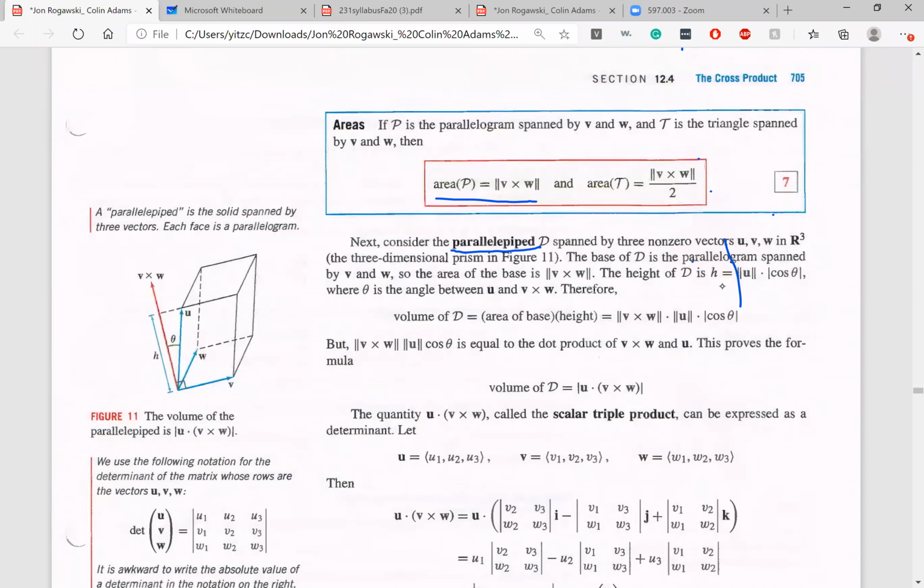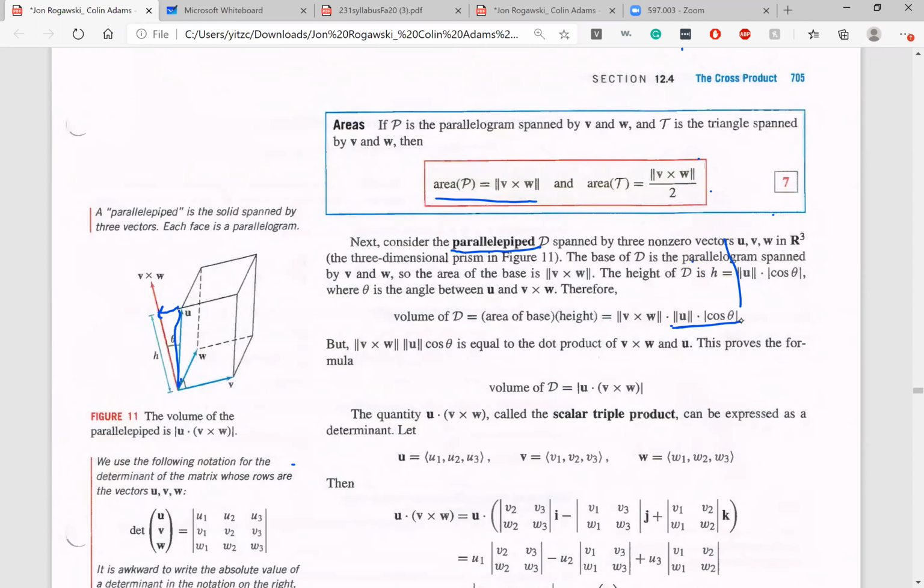We can figure out the height either by looking at the projection or by just using cosine, because we take the magnitude of U and project it over here. That would give us our height. So this is our height.